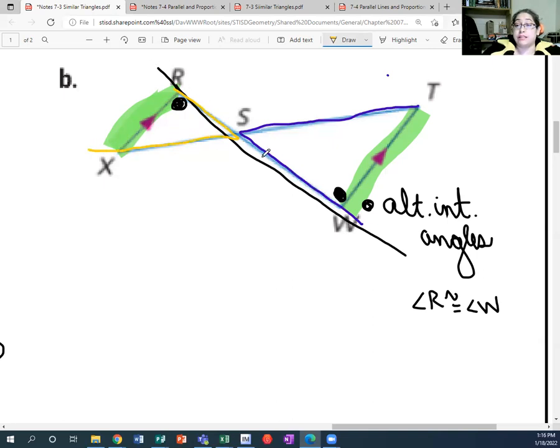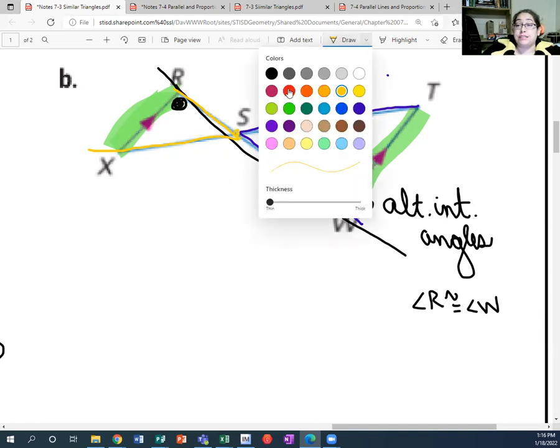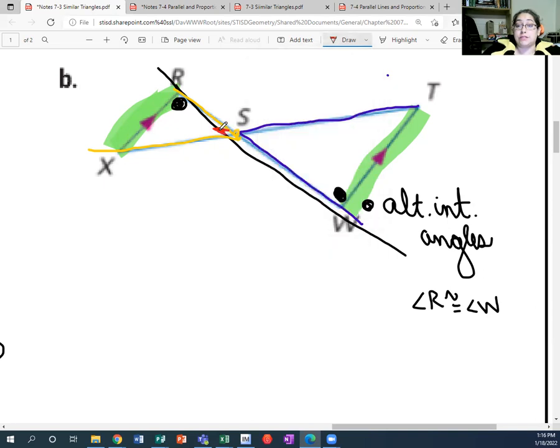I have two lines here, RW and XT, intersecting at this one point here at S, which indeed makes these angles on either side of that little intersection vertical angles. And by the vertical angle theorem, those angles are congruent. Very good. So she said angle RSX and angle TSW.